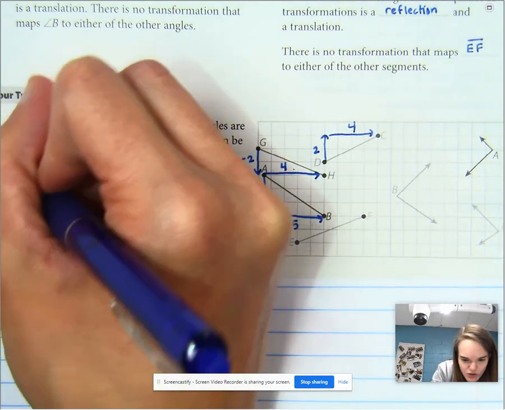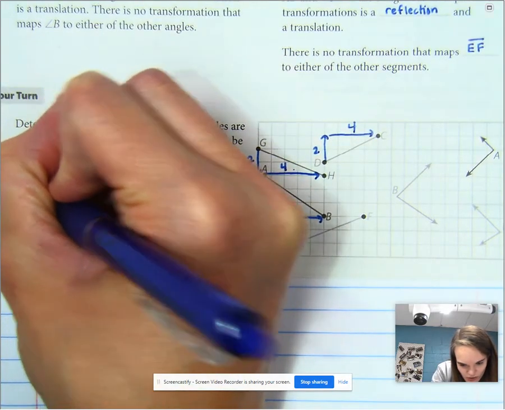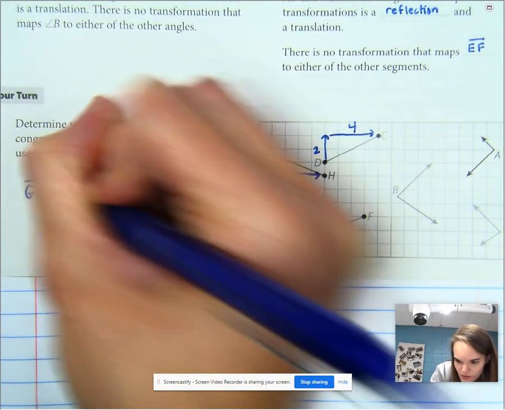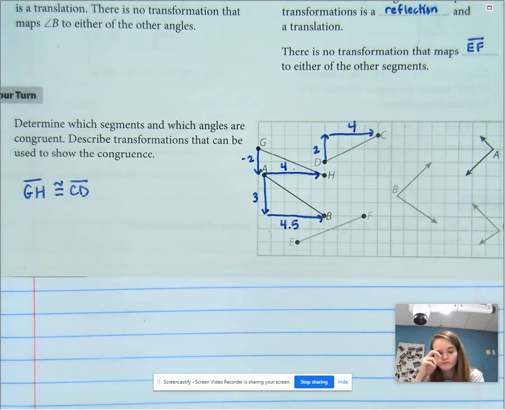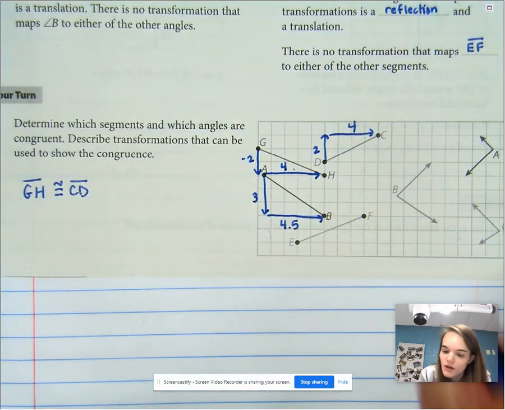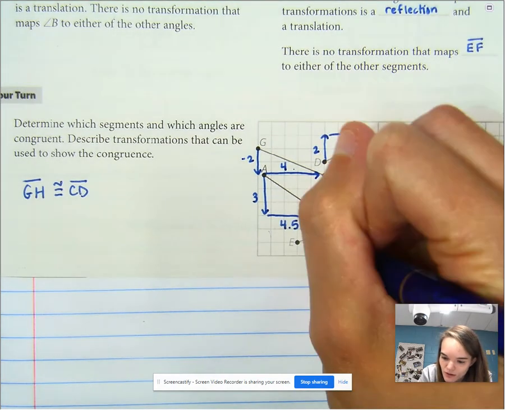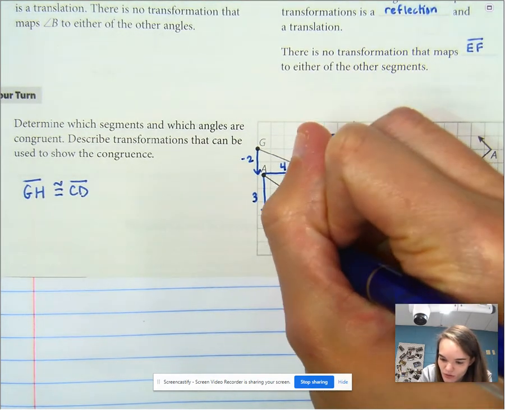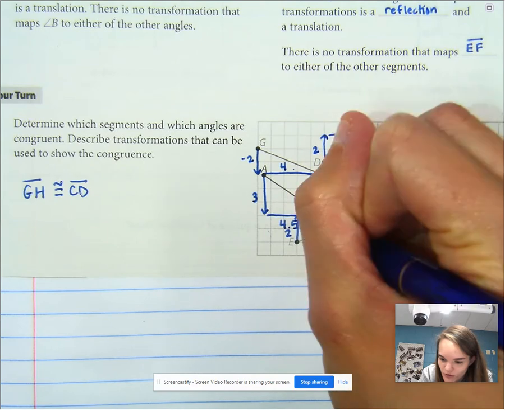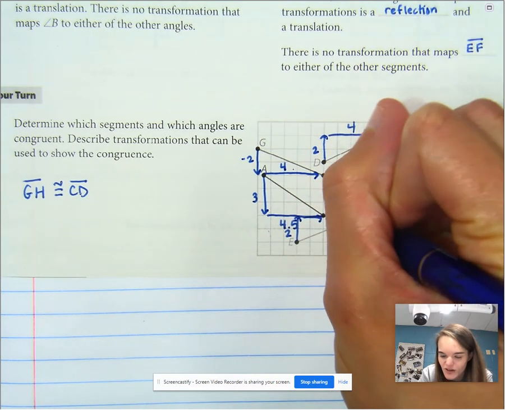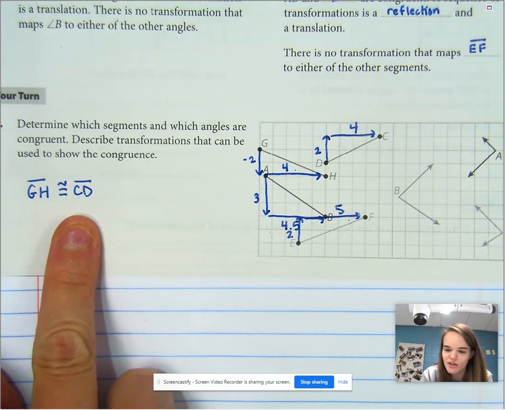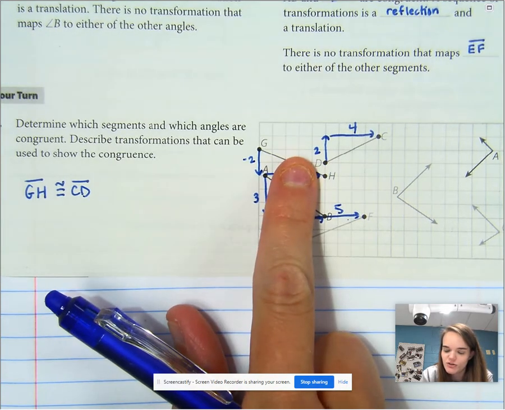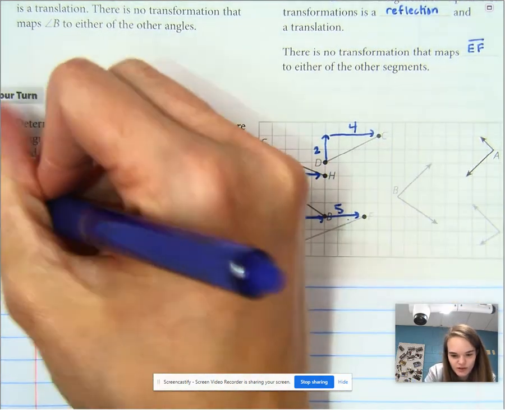Oh, GH is congruent to CD. E up to over 1, 2, 3, 4, 5. These two are the only ones that are congruent. That's the only thing that's congruent for my segments. And it looks like I would just need to reflect and translate.